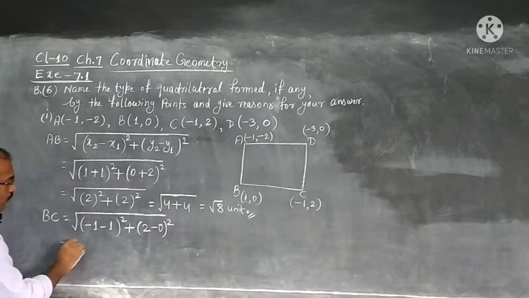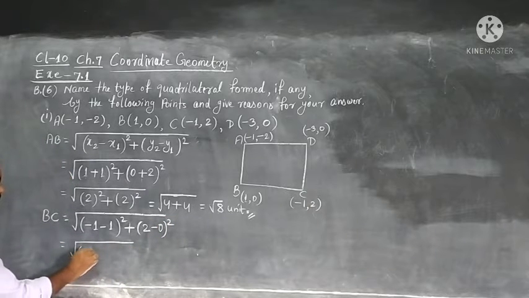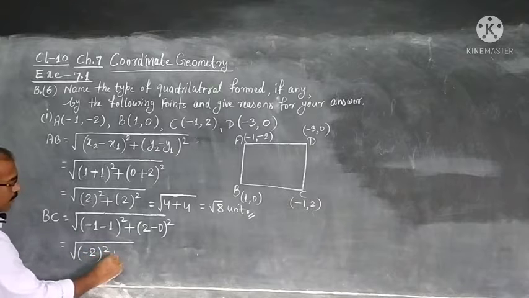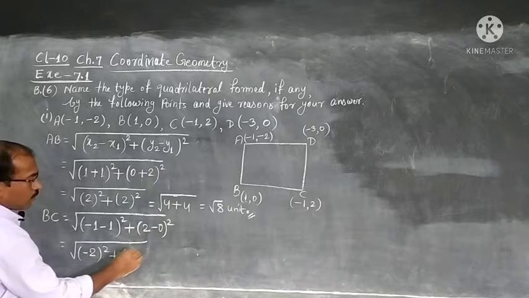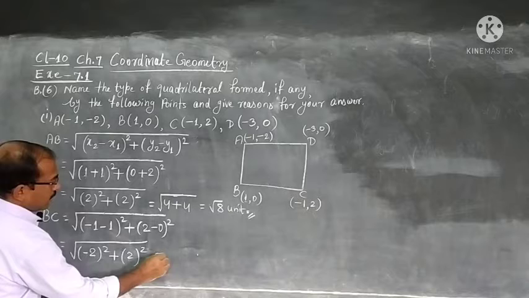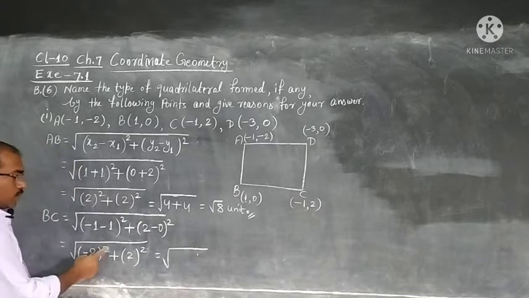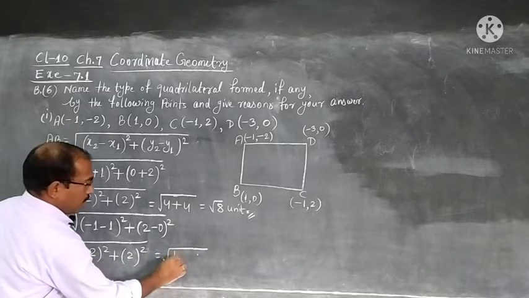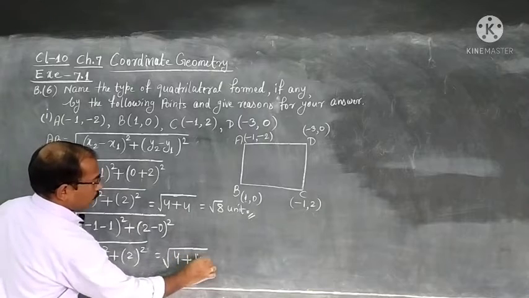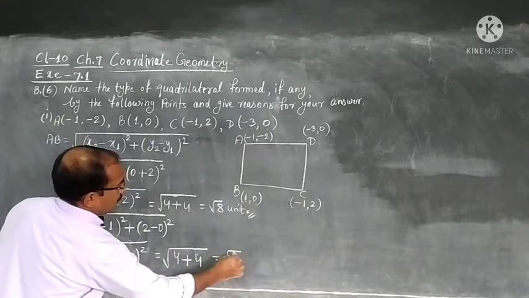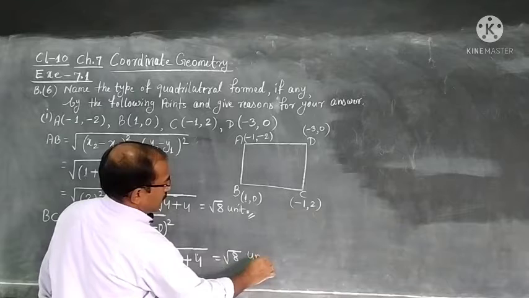We get -2 square, which is 4, and 2 square, which is also 4. The second side BC is also root 8 units.